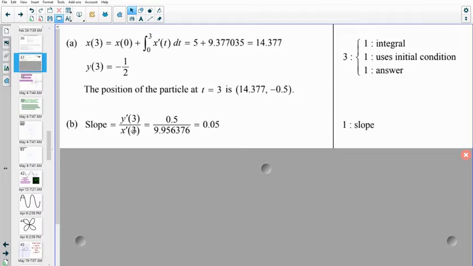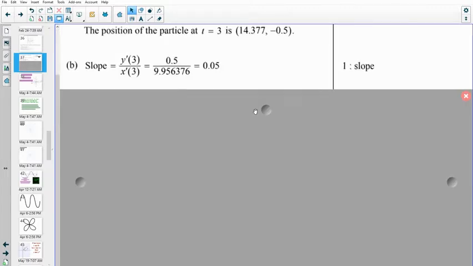So plug 3 into the x prime equation, to get 9.956376. Notice they're using more than 3 places after the decimal here, but then their answer is rounded to the nearest thousandth, 0.050 or 0.05. Either one is okay.